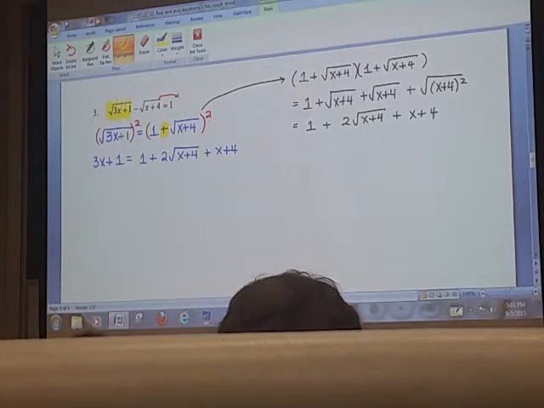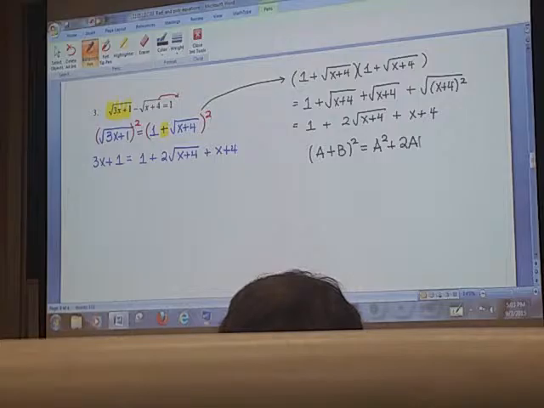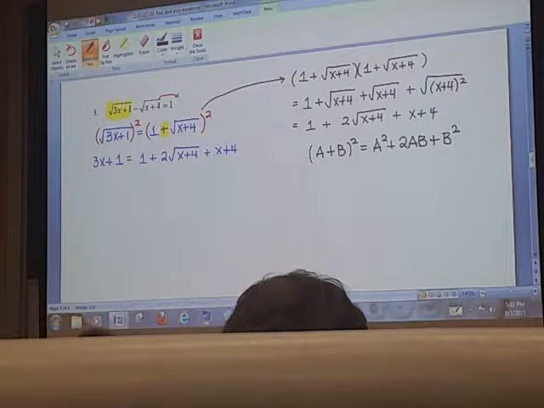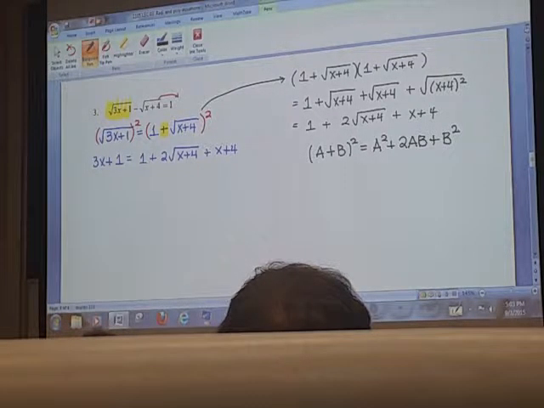So the reason it works is because of this. That's in the videos. That's the formula for multiplying a perfect square trinomial.